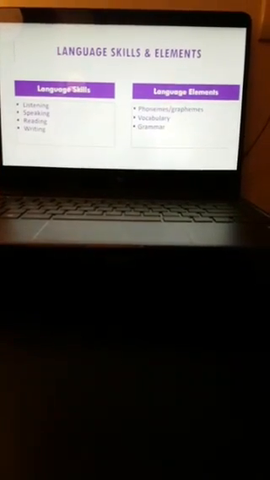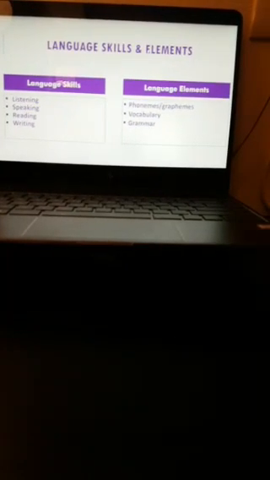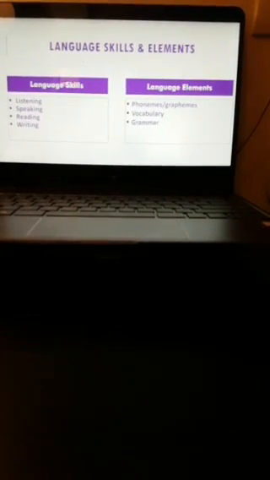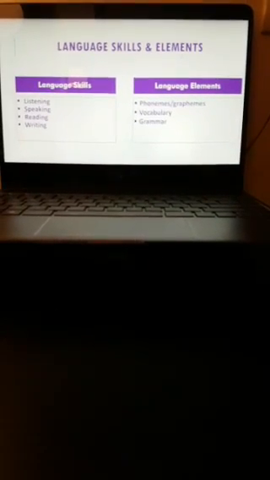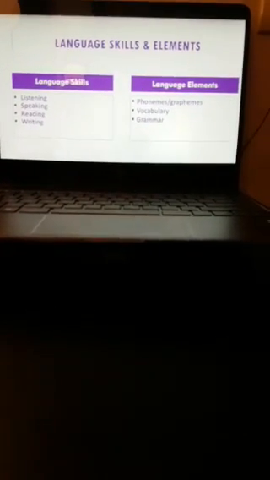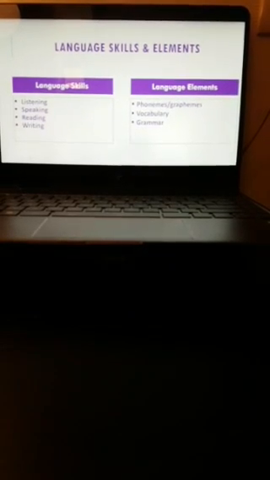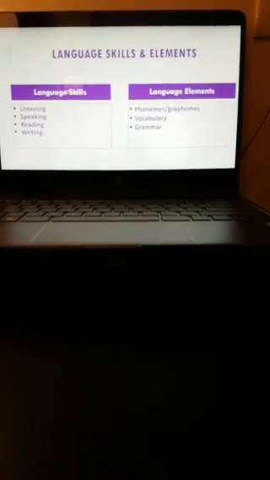Now, language skills and language elements. What are the language skills and what are the language elements? Now, there are 4 language skills: listening, speaking, reading, writing.